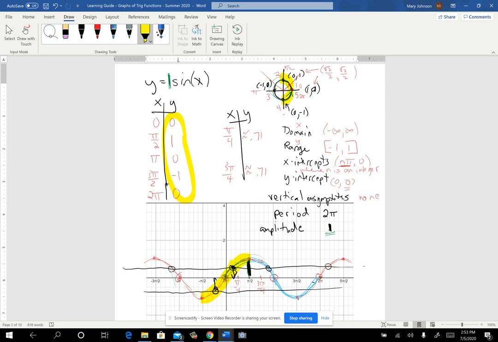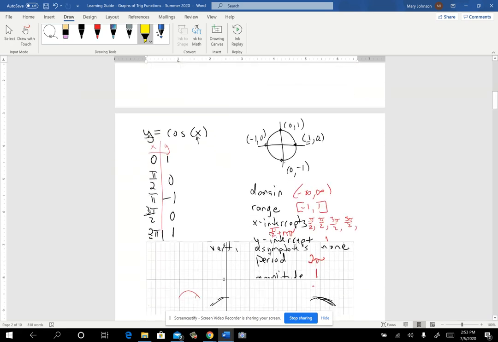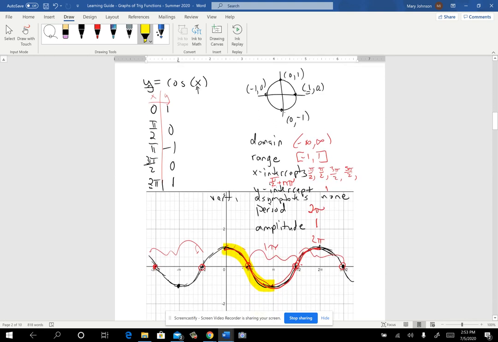All right, let me move to cosine. So with cosine, if I did on my calculator cosine inverse of some number, the number would be in the y area on your cosine graph. My calculator is going to give me one thing back.